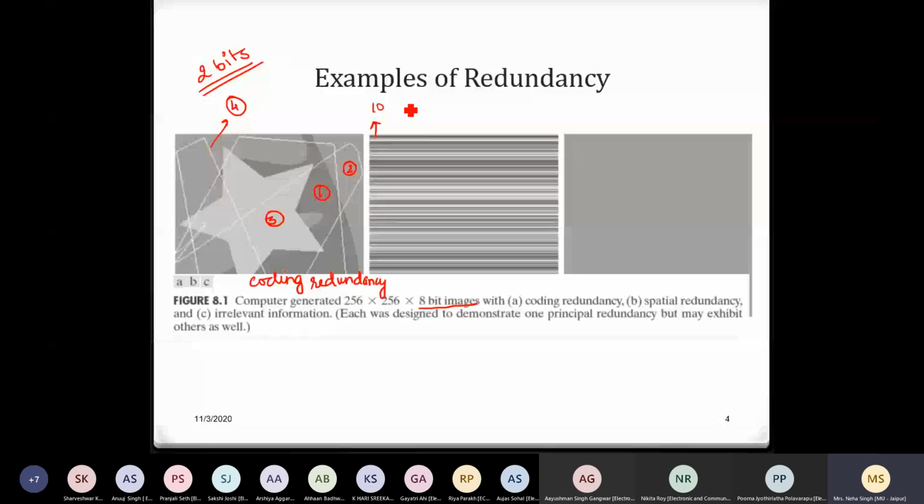I could have simply said that there are 256 pixels with a value of 10. So I need to simply send two data: the value, and the number of pixels with the same value. This way of conveying the information is referred to as run length coding.